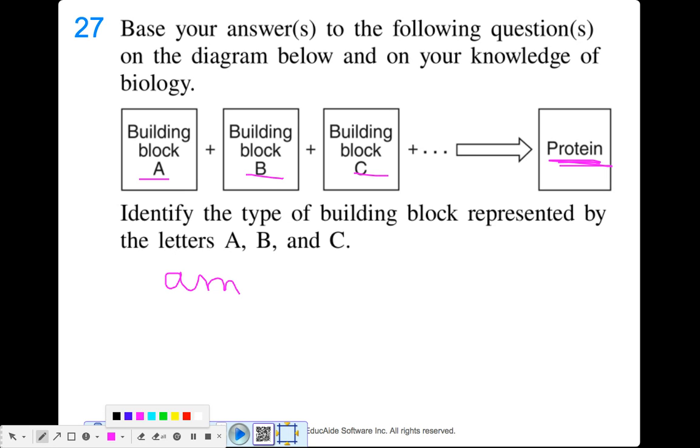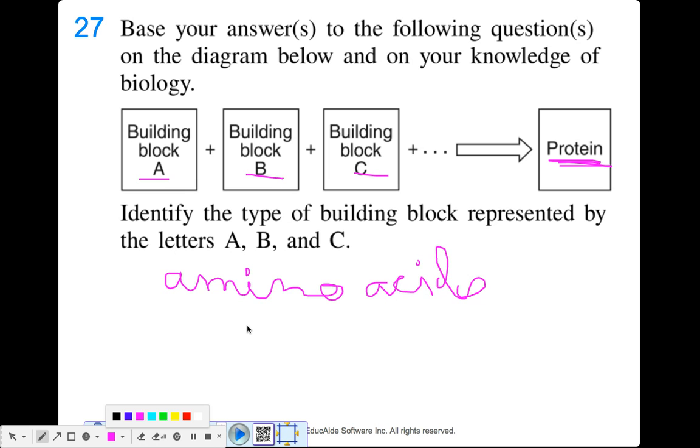The word I'm looking for, and this is really just something that you should have memorized. You should have all the building blocks of all those 4 biological molecules memorized. And if you're not sure about those, look at the slides or look at my review videos. So amino acids.